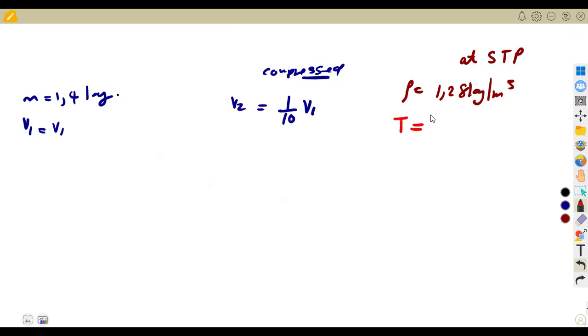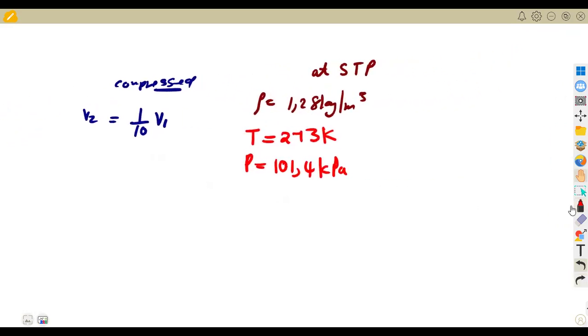For temperature, you take 0 degrees Celsius, which is 273 Kelvin, like I explained before. Then the pressure is going to be 101.4 kilopascal. The 101.4 would depend on your textbook; some give other decimals. It just depends on what you're given.